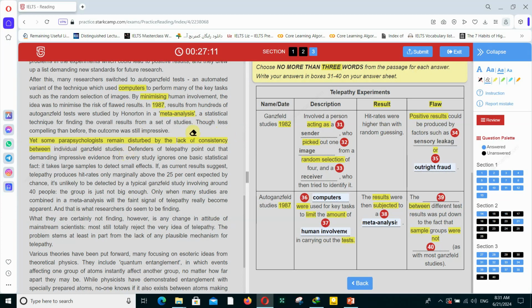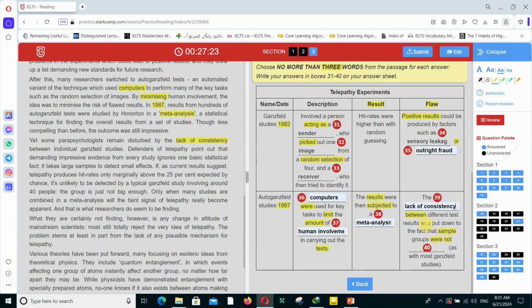You see here, the lack of consistency between individual Ganzfeld studies means different test results. So it was put down to the fact that sample groups were not.